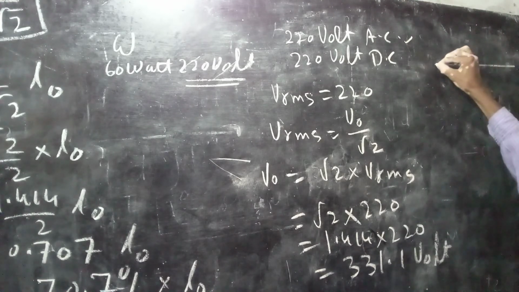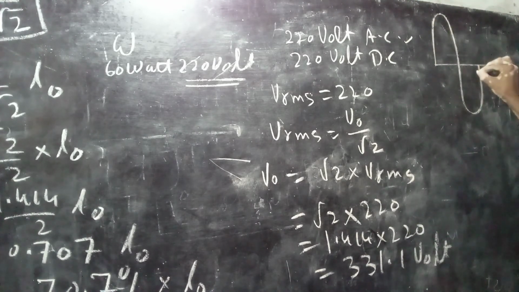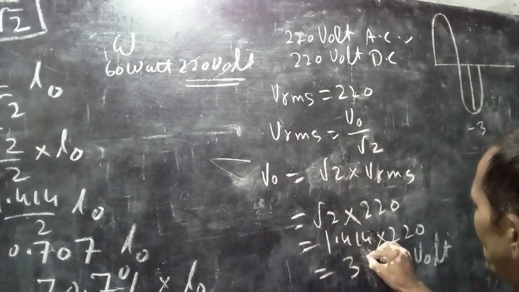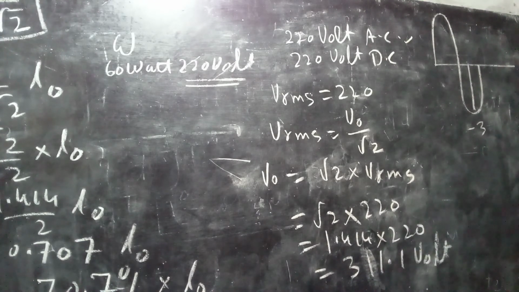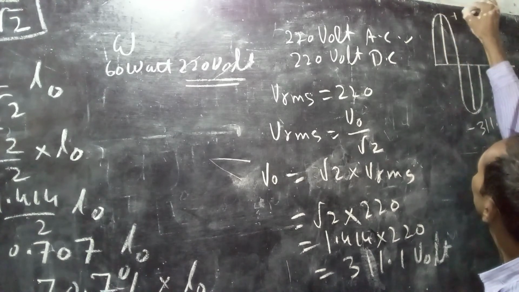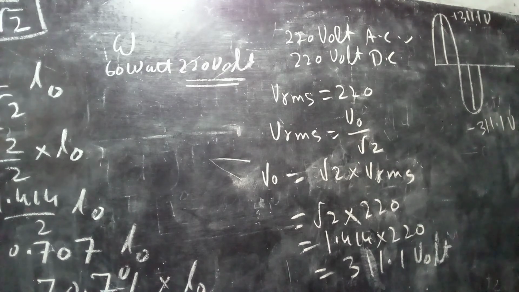So this voltage varies from negative 311.1 volt to positive 311.1 volt. 220 volt AC means the variation of AC is from negative 311 volt to positive 311 volt. So there is a lot of variation in voltage.